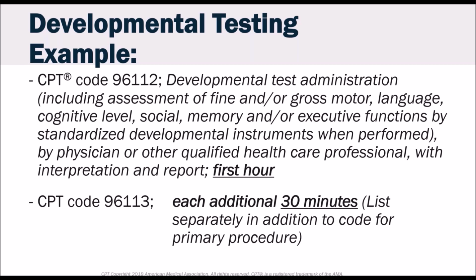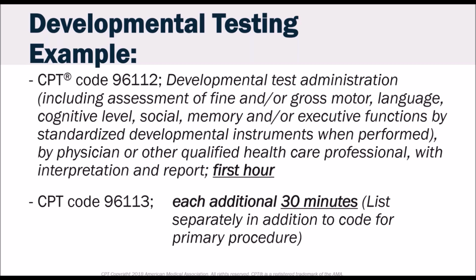Again, the developmental testing codes follow a base and add-on structure, with the base code being 96112 for the first hour, and then CPT code 96113 is for each additional 30 minutes, and again, that is the add-on code. Of note, there's 2 important things to think about as far as when you use the developmental testing CPT code versus our normal psychological testing codes.